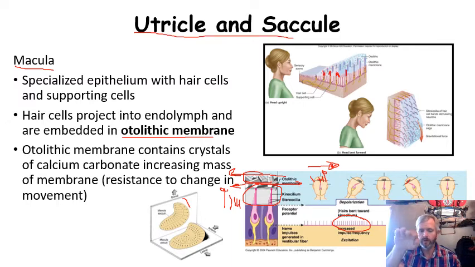Here we're just going in one plane, lateral, vertical, a horizontal plane, either front, back, or right, left, up, down. All right, vertical direction, but in one plane of direction for the utricle and saccule.